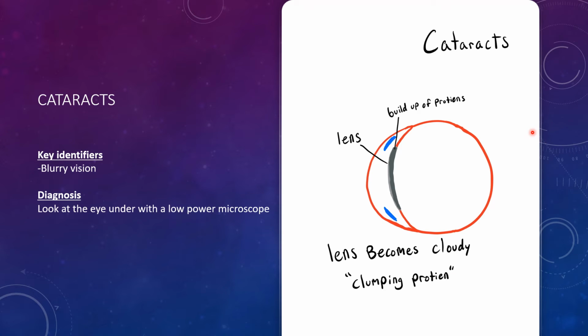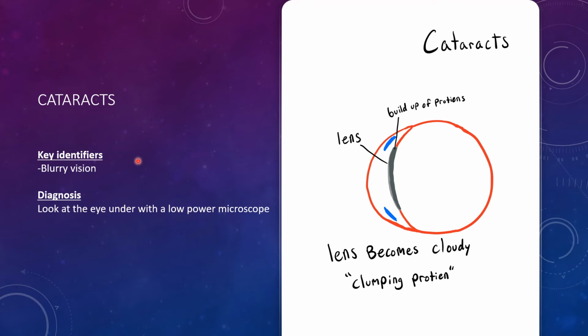Next one I'm going to go over is cataracts. This is a very common disorder for individuals that are in their late stages of years. Patients can be seen with blurry vision.